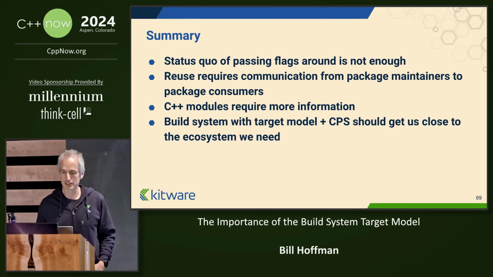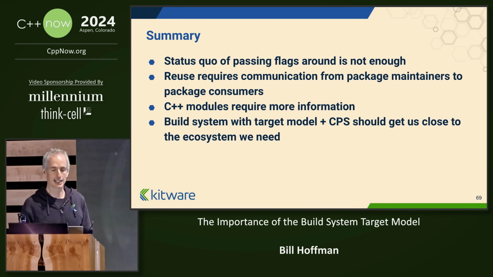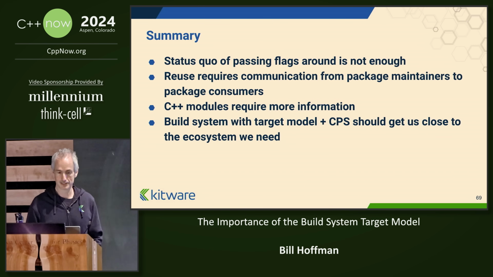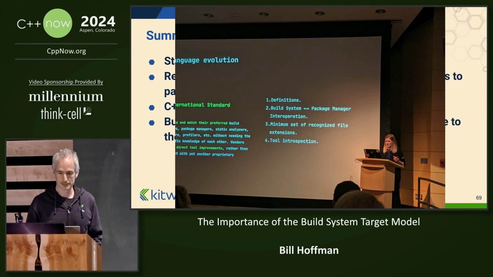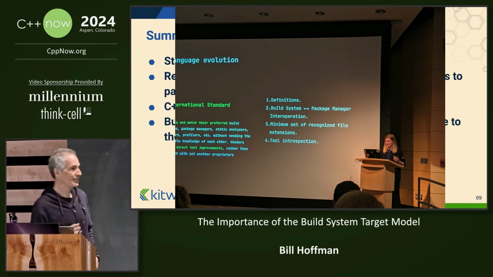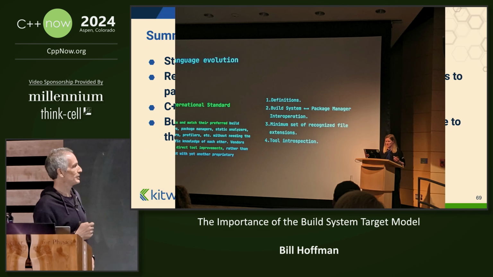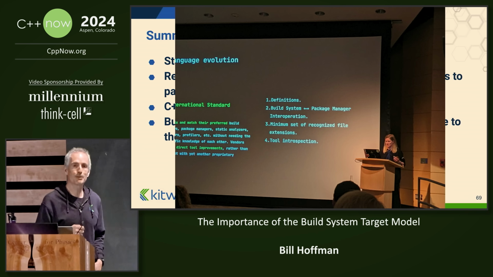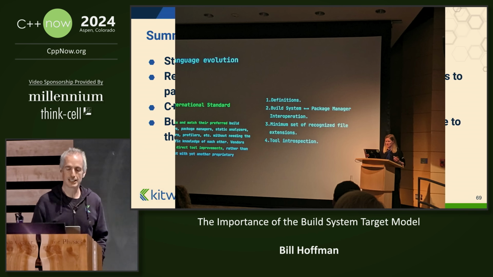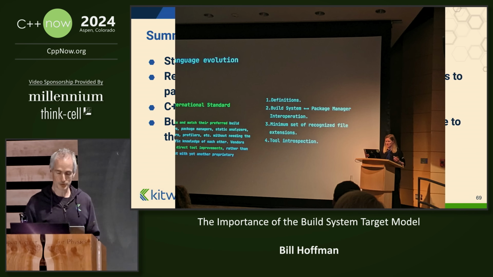And a build system with a target model plus CPS should be able to get us closer to the ecosystem we need. And here's another screenshot from the keynote this morning, basically build system to package manager interoperability, and that's, again, what this would help with.